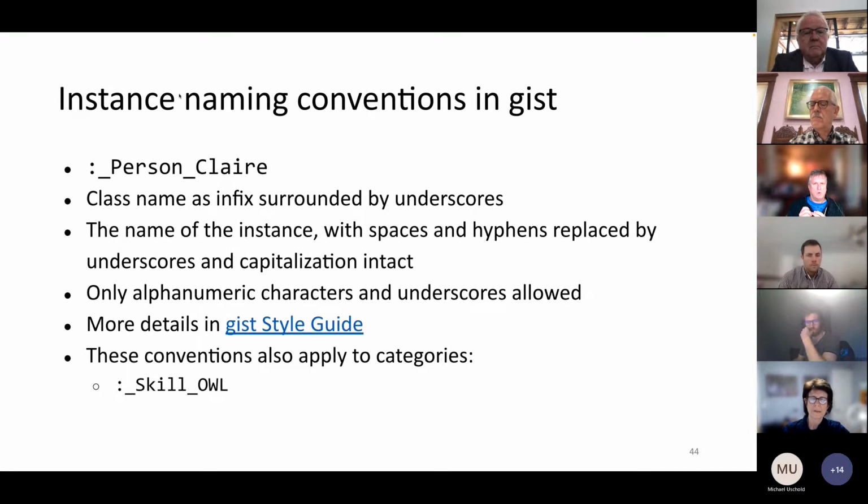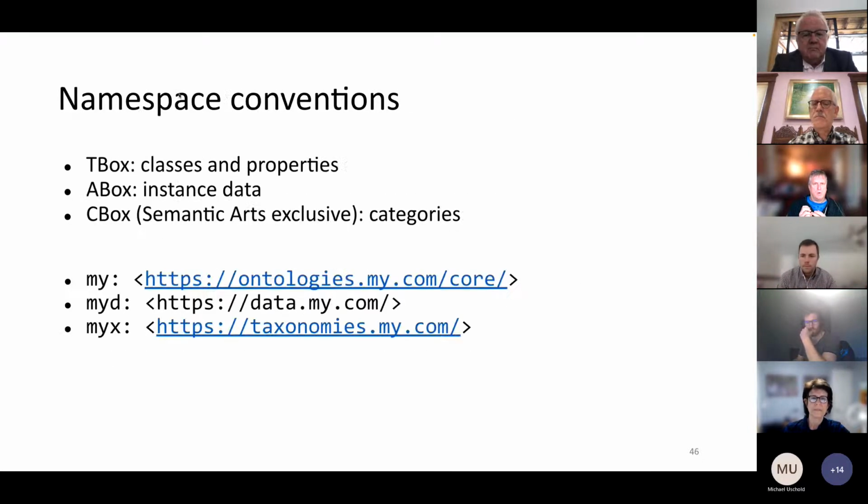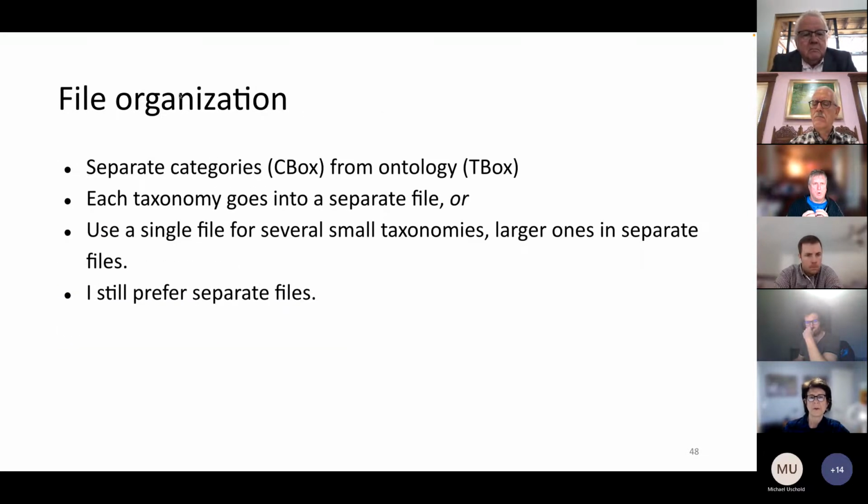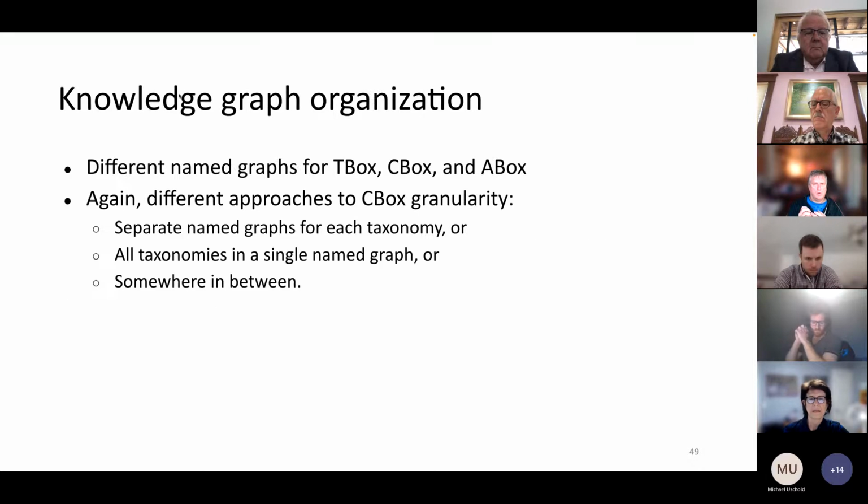Some of this is described in our new style guide: how to use namespaces to differentiate categories from instance data from classes and properties, how you can organize your files to distinguish taxonomies and ontologies, and similarly, how you could partition the knowledge graph into different named graphs for these different types of entities.